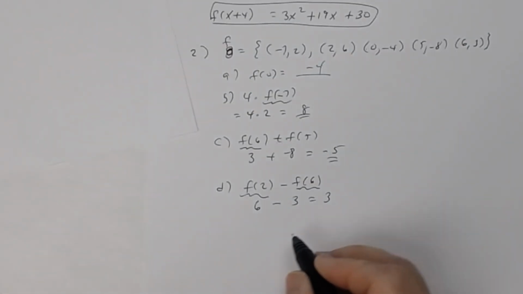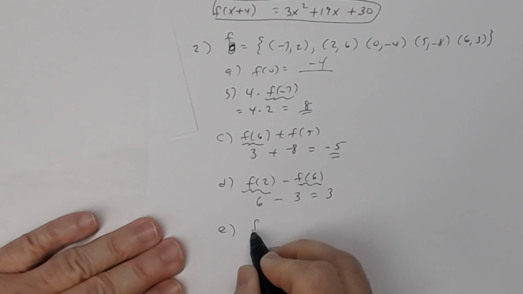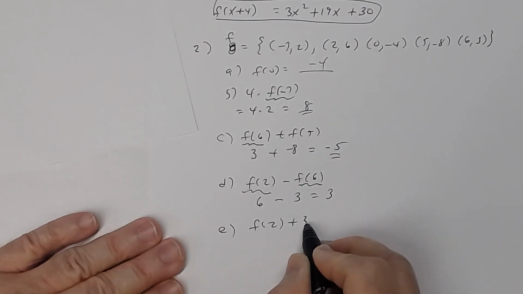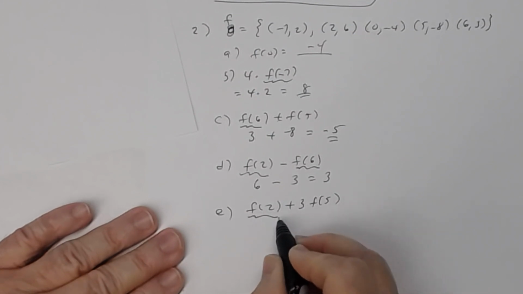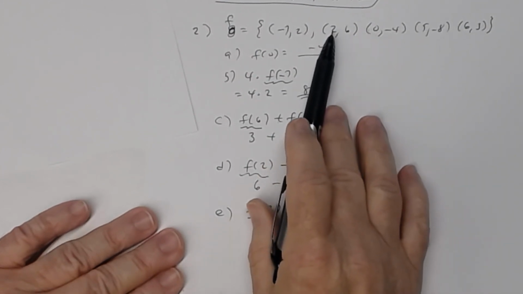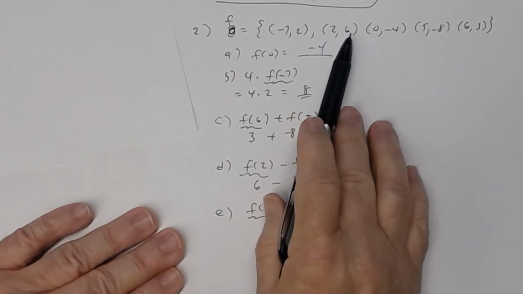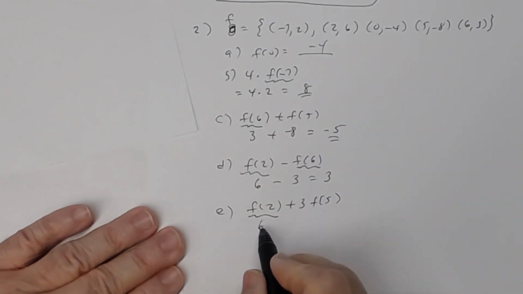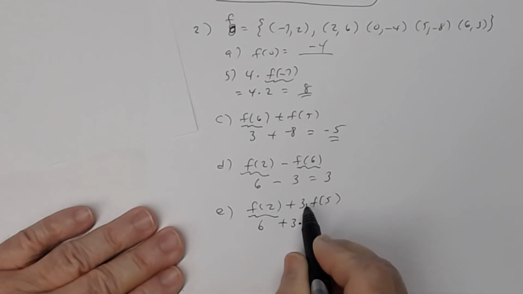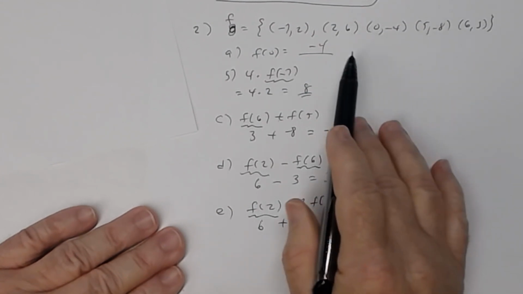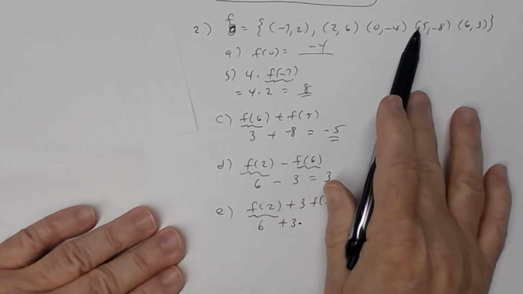And then in the final one, in E, you have f of 2 plus 3 times f of 5. Let's find f of 2 first. F of 2, what's the y value when x is 2? Well, my y value is 6, so 6 goes here, plus 3 times f of 5. What is the y value when x is 5?